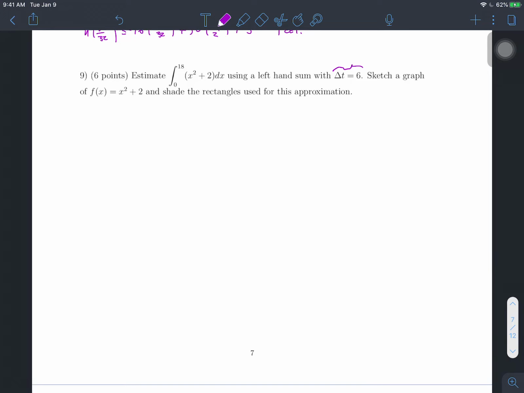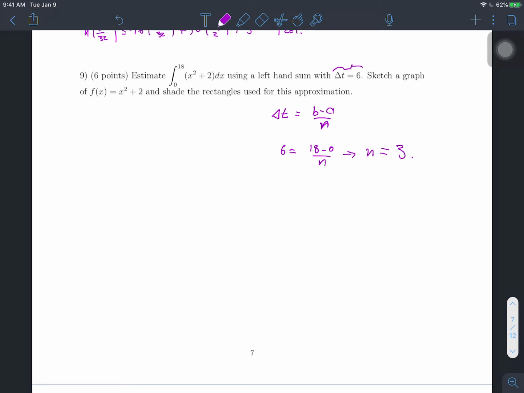So if each rectangle is 6 units wide, then we can use the equation delta t equals b minus a over n to figure out what n should be, because we know that b and a are 18 and 0. So we have 6 equals 18 minus 0 over n. This means that n should be 3. So we should have 3 rectangles, and we should use a left-hand sum.